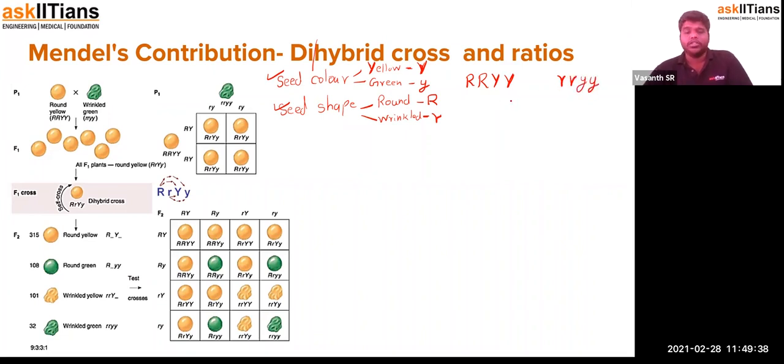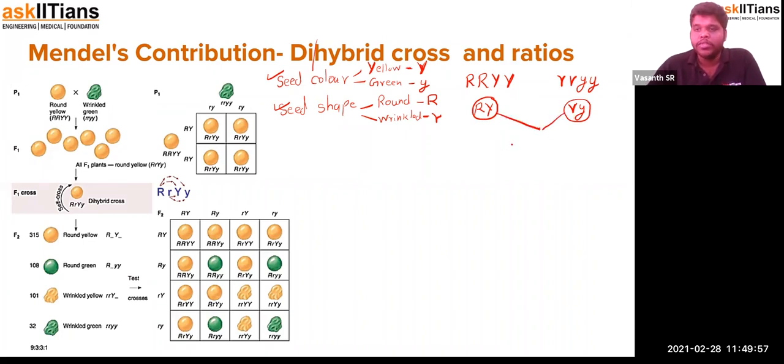Now when we cross them, they form the capital RY gamete, and the other parent's gametes will be small ry, which is green wrinkled. Upon fusion, it forms capital R small r, capital Y small y. Because of the presence of two dominant alleles, this seed will be round and yellow, so both characteristics will be expressed.